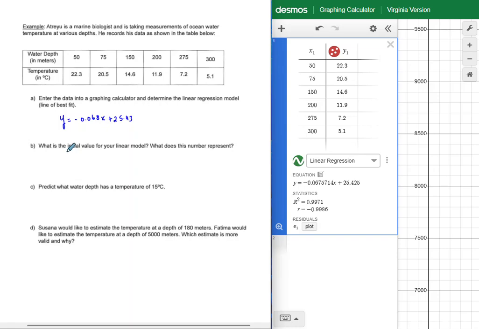What is the initial value? Remember, the initial value is the y value right there. So the initial value is 25.43. And what does this mean?